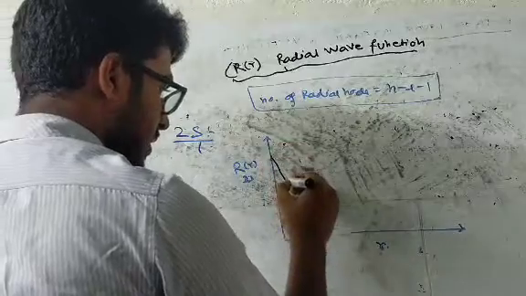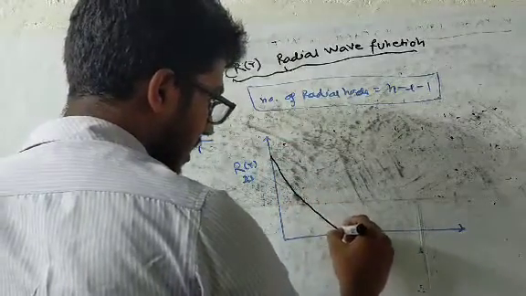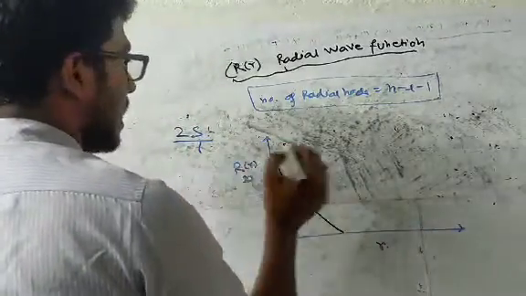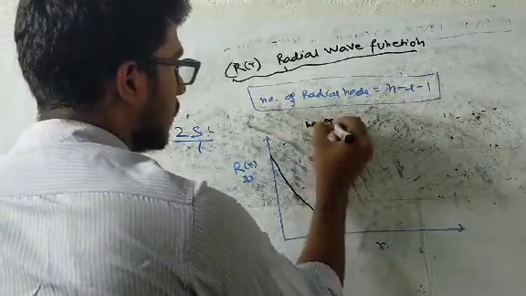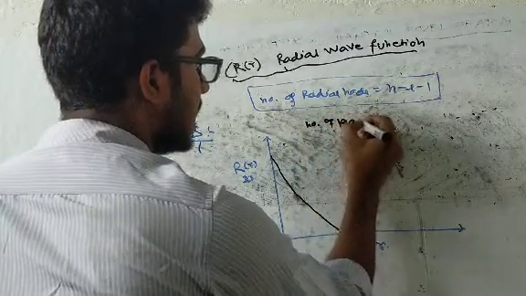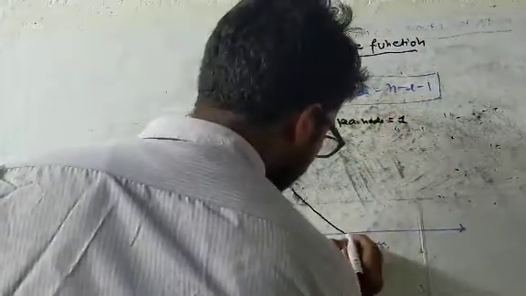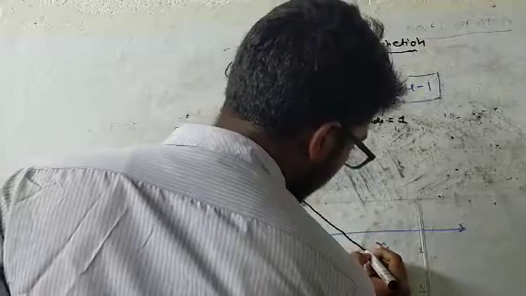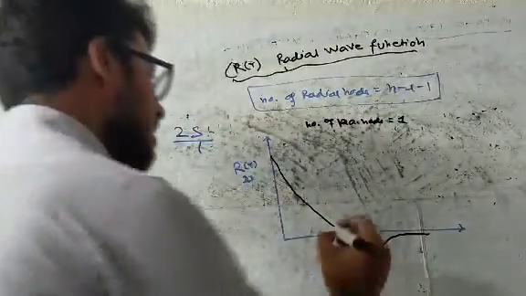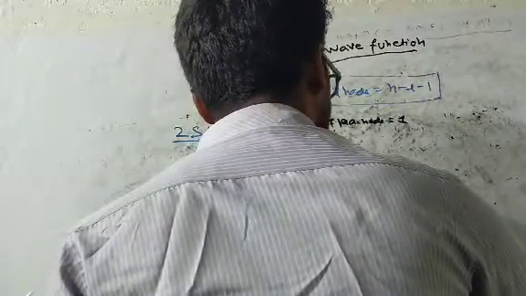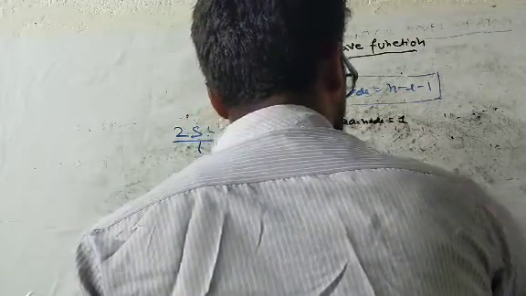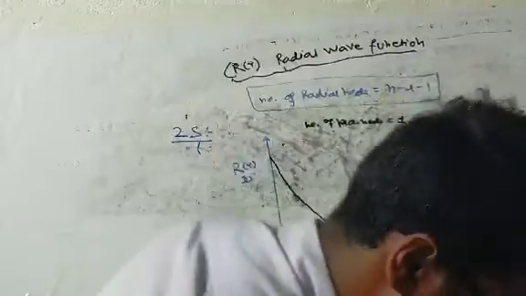As r increases, the value of R(r) decreases, and for the 2s orbital the number of radial nodes equals 1. So it will touch the r-axis one time, then decrease and increase again and go to infinity. And this point is called the radial node.